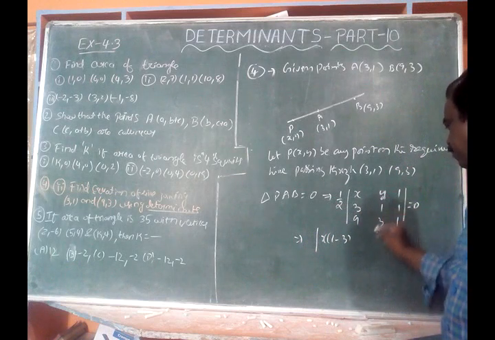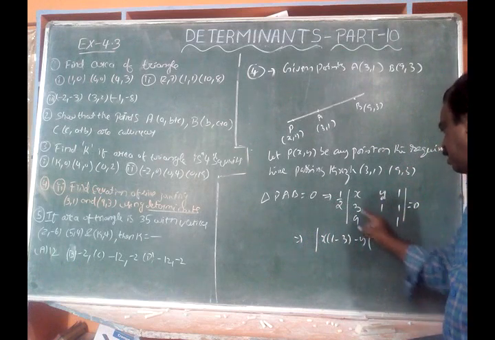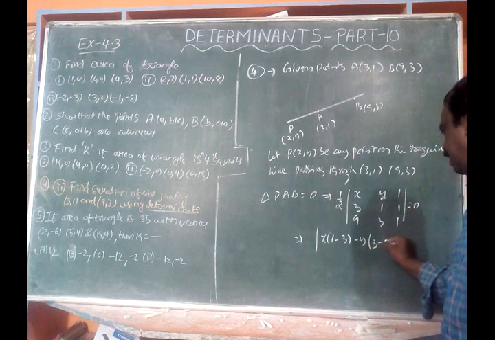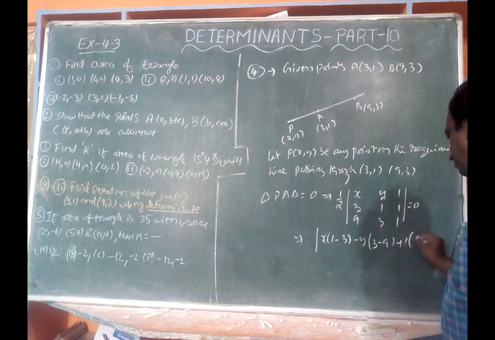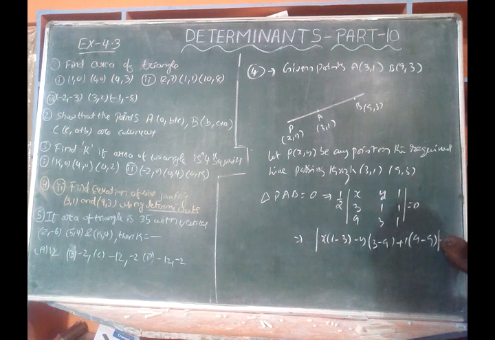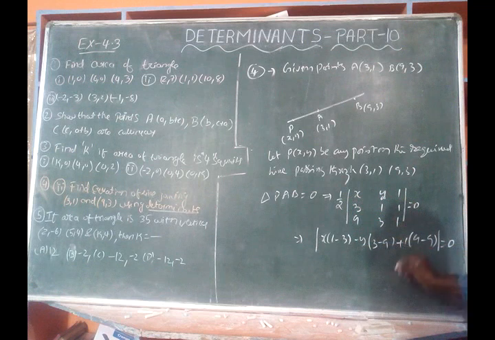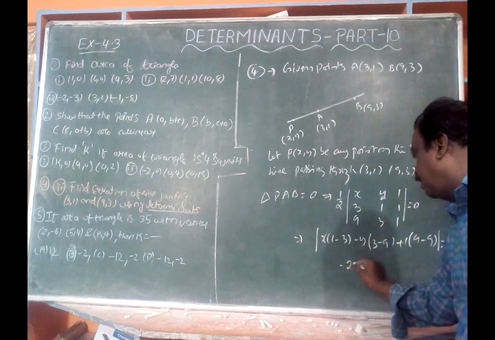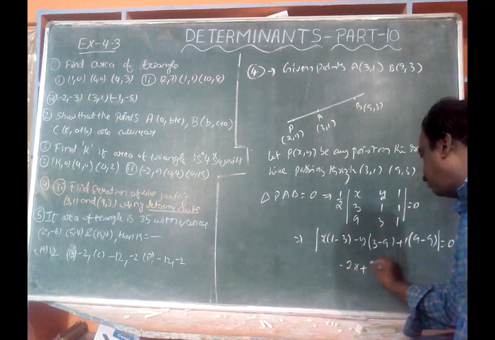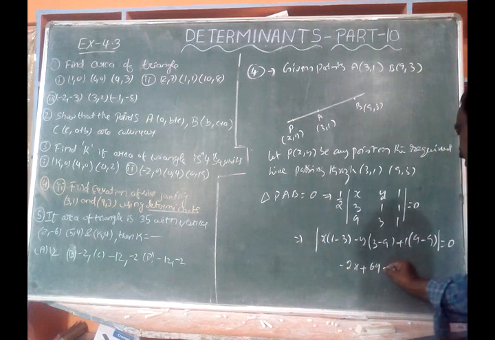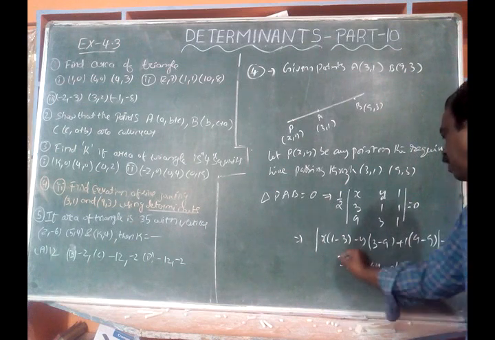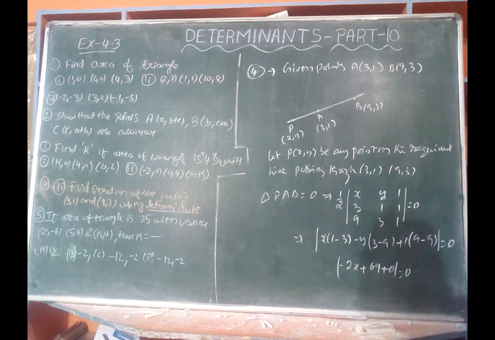And it is minus y of (3 minus 9) and plus 1 of (9 minus 9), with the modulus, is equal to 0. So it is minus 2x minus 6y plus 0 with the modulus is equal to 0.